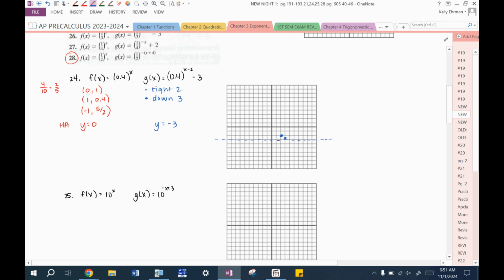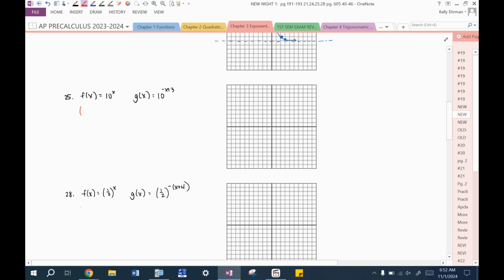All right, and then (-1, 2.5) goes right 2 and down 1, 2, 3. Something like this. So notice I'm not making you find x-intercepts, y-intercepts, because we could, but that would still just be plugging in 0 for x. But I'm still just going off of have your 2 nice points at least and maybe a third one.